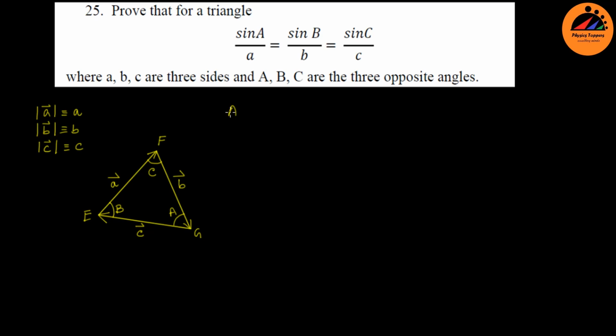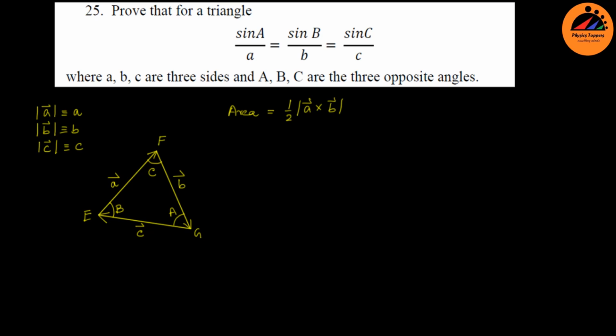So area is half magnitude of A cross B. Acha, how did I come to the conclusion that area is half magnitude of A cross B?